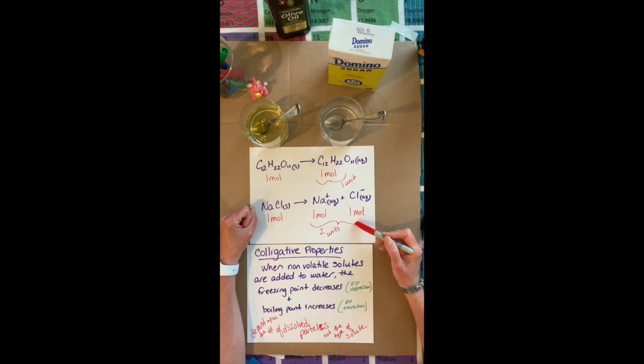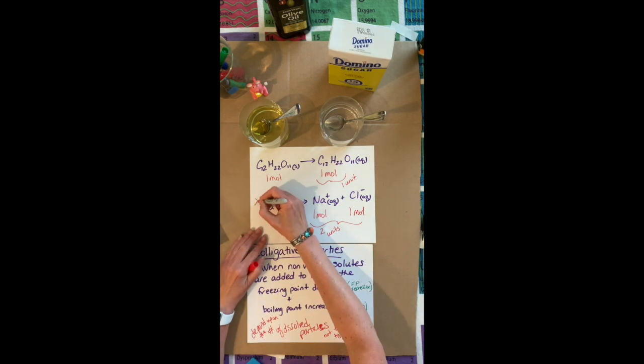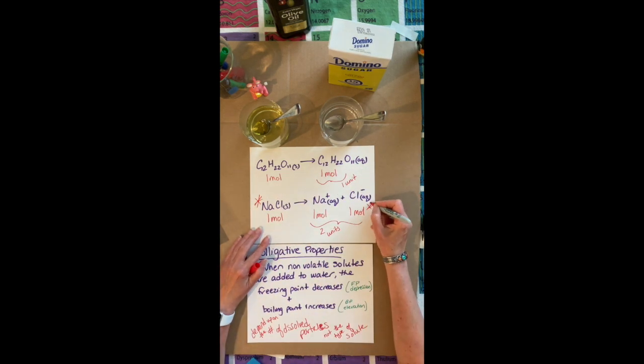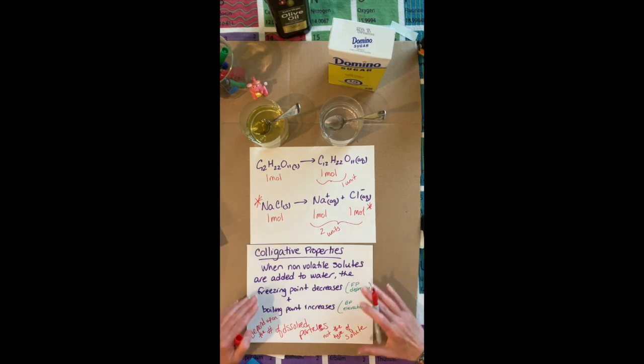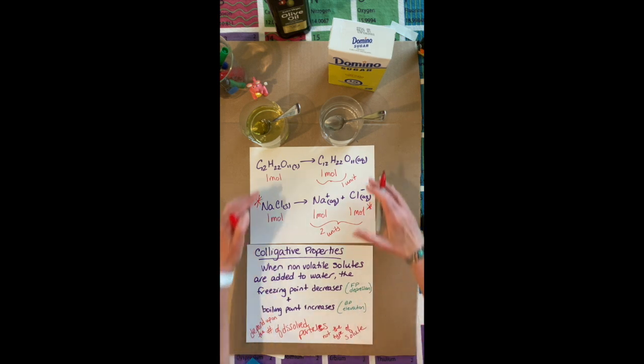Whereas you have 2 moles of ions that interfere with the freezing of water here. So the winner is, for financial reasons and for effectiveness reasons, salting roadways is much more effective at freezing point depression than putting sugar on the roadways.